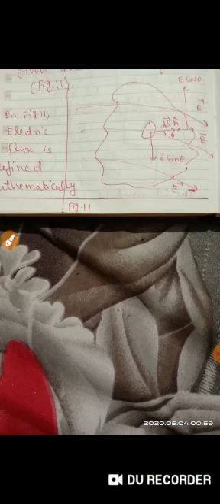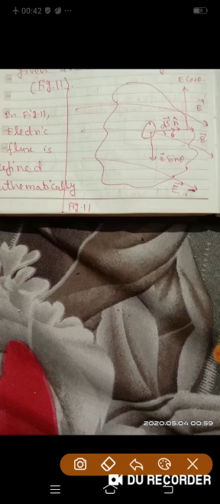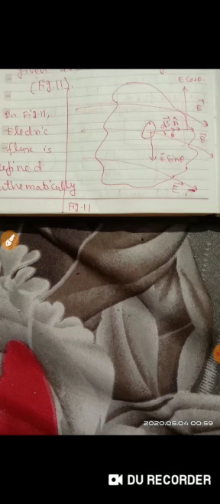This is your angle theta. Again I am going to tell you, this angle between the electric field E, which is here, and n cap, which is here, is theta. This is angle theta.